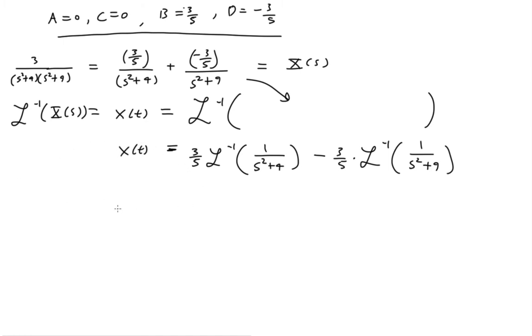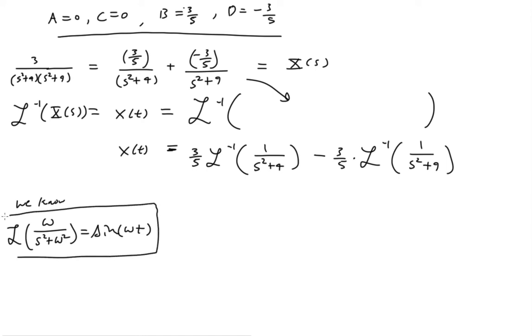I want to find what it is. But we know the inverse Laplace transform of omega over s squared plus omega squared is equal to sine omega t. All right, so we're always trying to essentially take our inverse Laplace transforms and see if we can match them up with some fact we know in order to follow our way back to get to x of t.